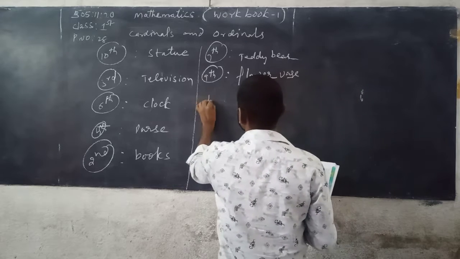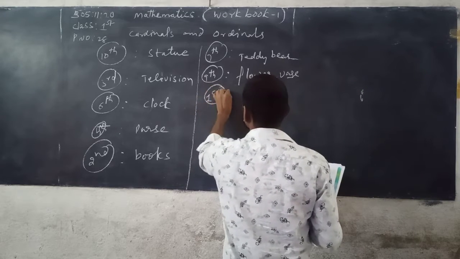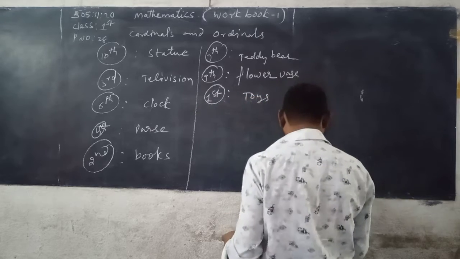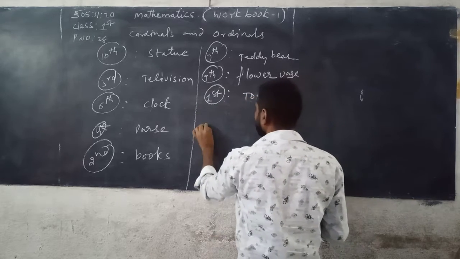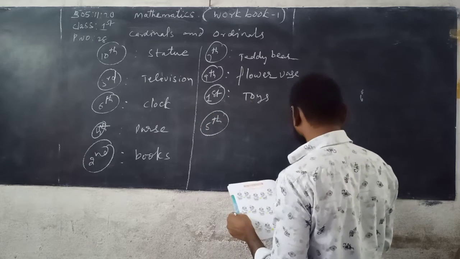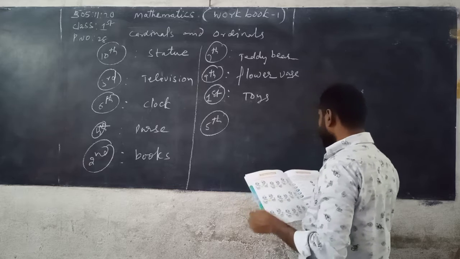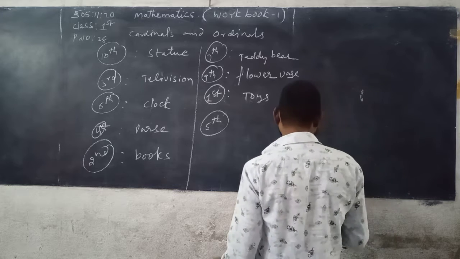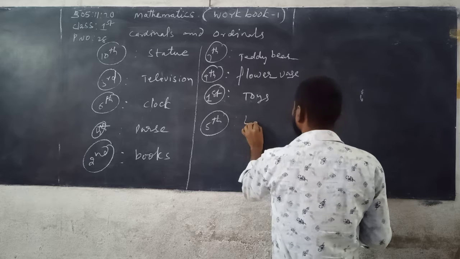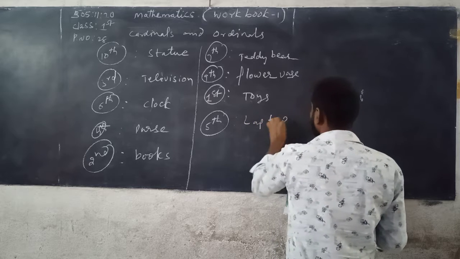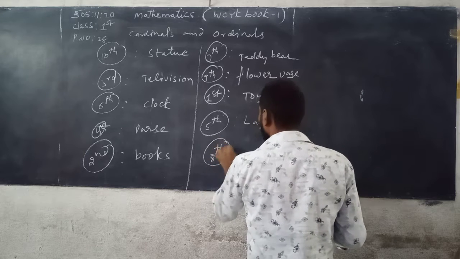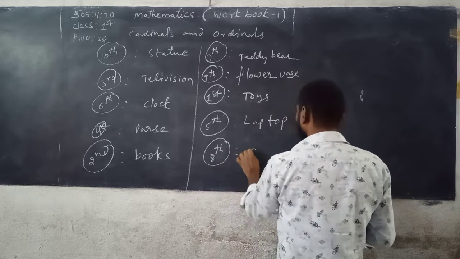First rack, toys. Fifth rack, Rohan's father keeps his laptop. Laptop. The eighth rack, aeroplane.